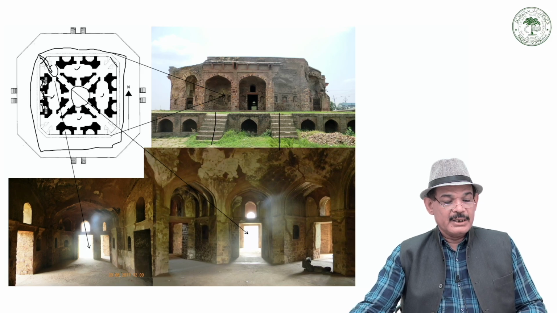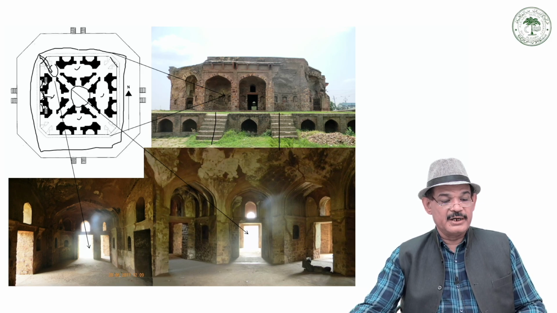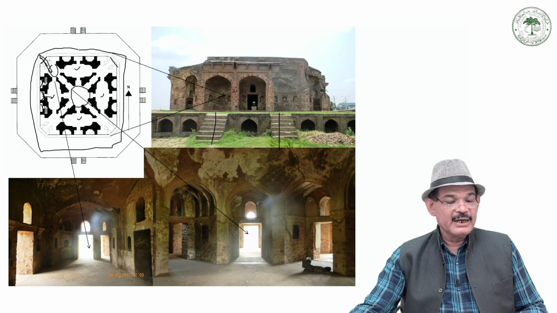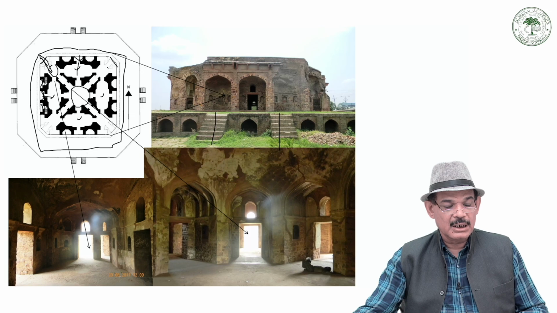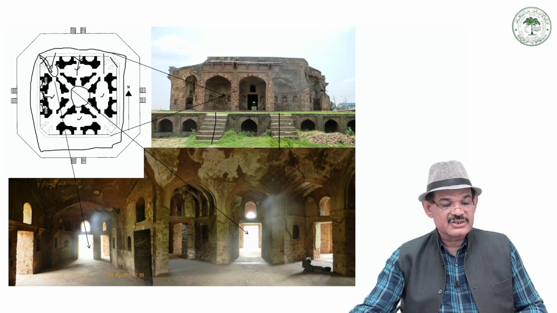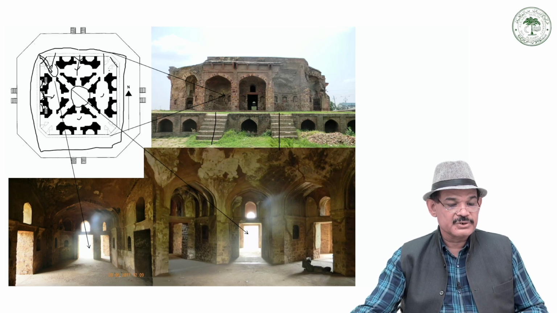Meaning each side has five arched alcoves, where the central alcove has an entrance to the cardinal chambers, and two flanking entrances provide access to the corner chambers.